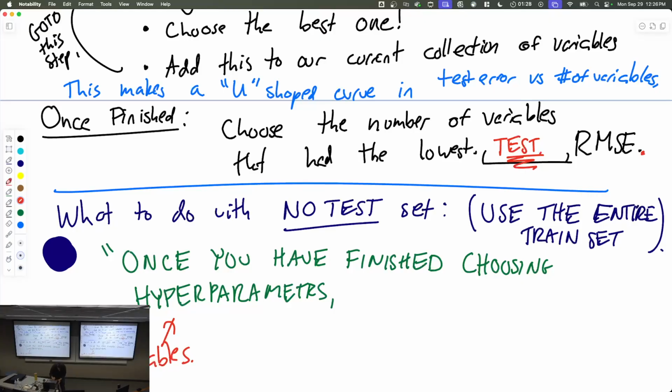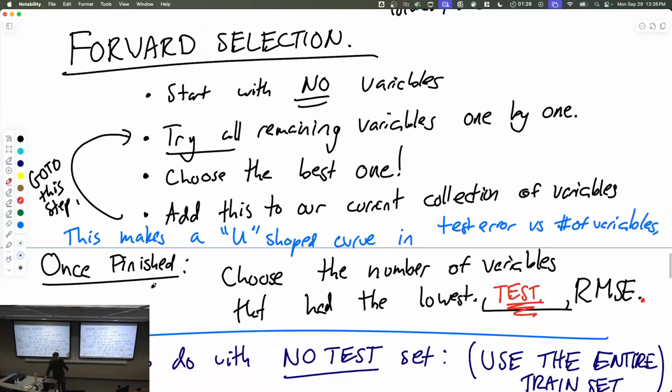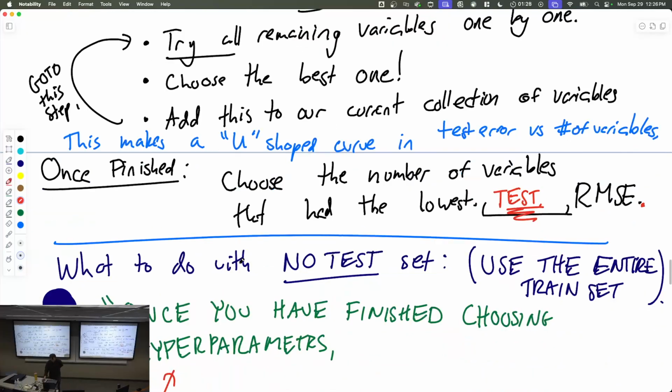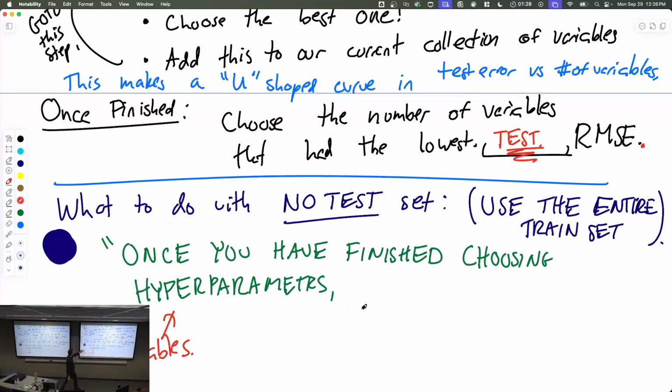In this forward selection, the hyperparameter is the number of variables to use, and this algorithm runs through and finds which hyperparameter is the best based on the train set. And so this is the last little principle. Once you have finished choosing your hyperparameters, you should rerun everything on the entire training set.